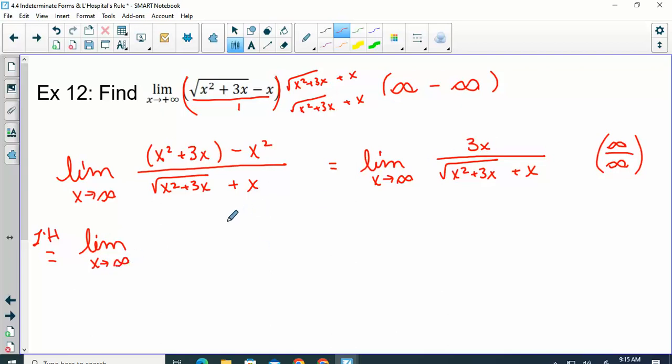Right, derivative of 3x is 3. On the bottom, a square root, like we said before, is a 1/2 power. So derivative of the outside, so the 1/2 comes down, inside stays the same, subtract 1 from the power, but we have to do chain rule, so times derivative of the inside would be plus derivative of x is 1.